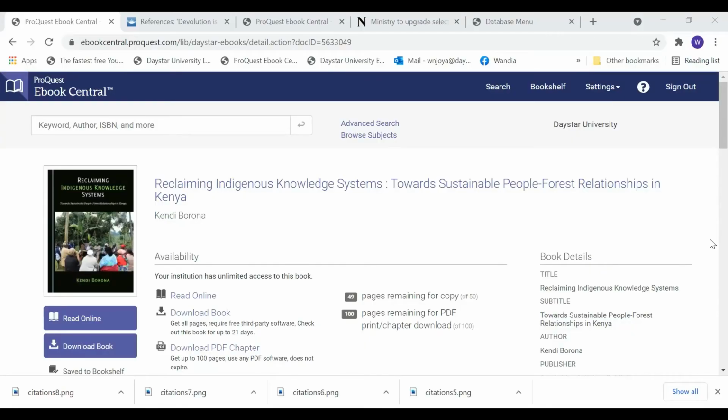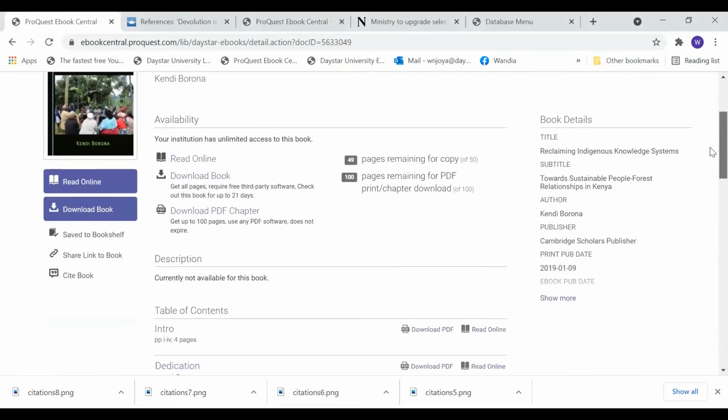For the first item, an academic book, I have chosen this book, which is on our database, which is by Kendi Borona. Now, we first have to know the name and the title of the book, which are obvious, but we also need to know other publication information.